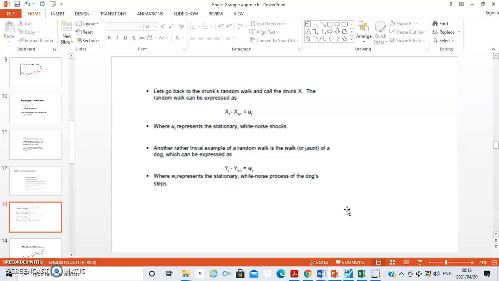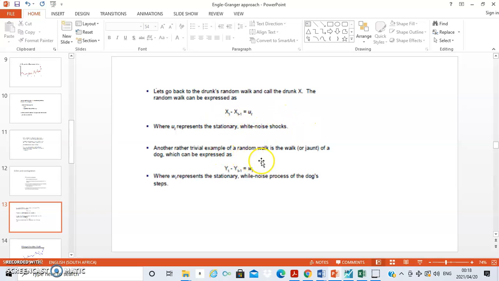So if we go back to that example of the drunk's random walk, let us call it x. The random walk is expressed by xt minus xt-1 equals mu t, where mu t represents a stationary process or a white noise shock.